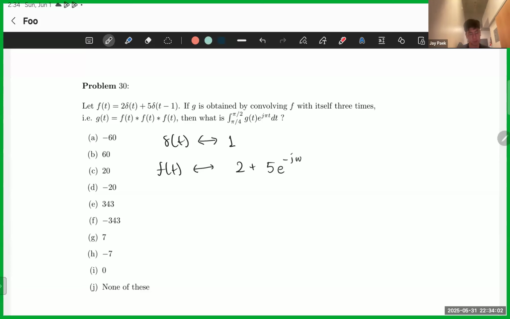Because this is by the time shift property. If I'm translating by t naught, then I have to multiply by a complex exponential in the frequency domain. That is one of the properties that we learned.